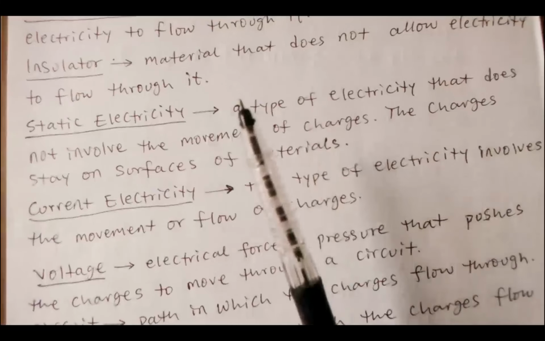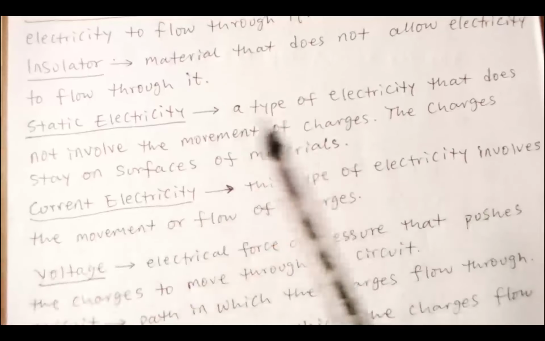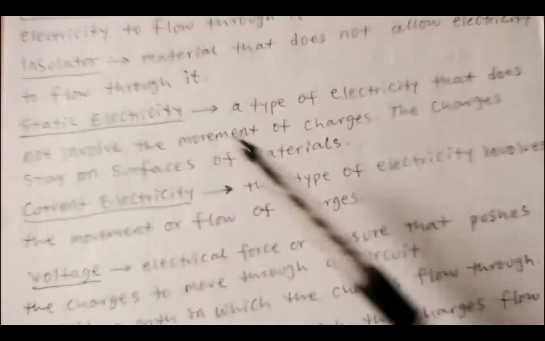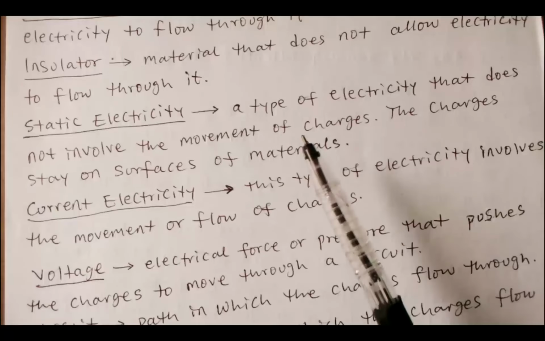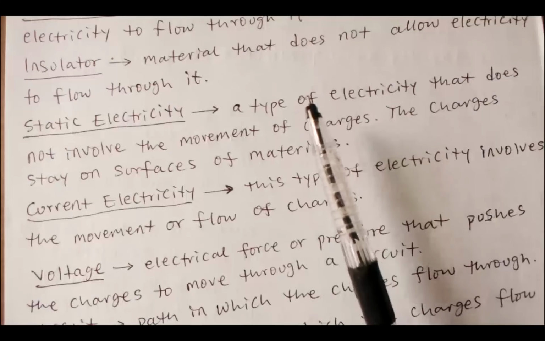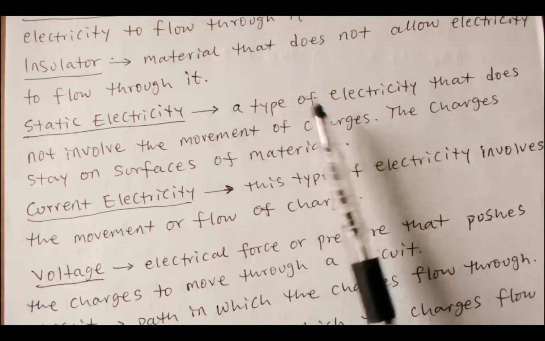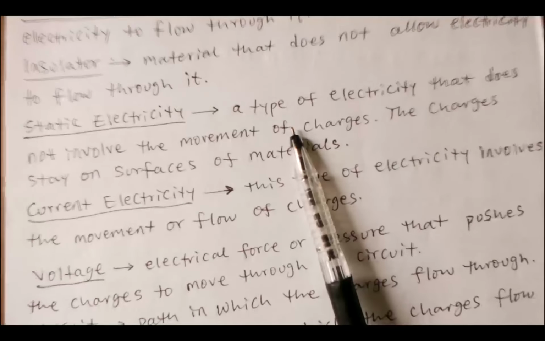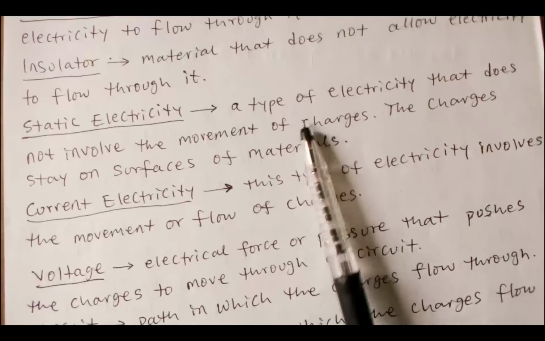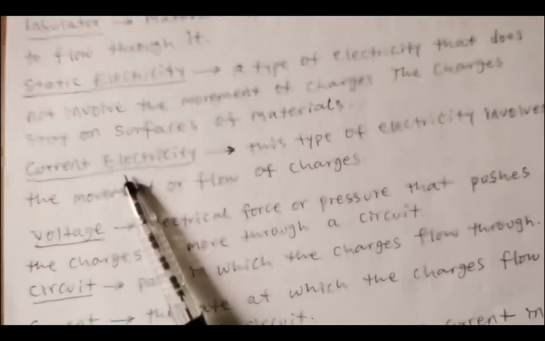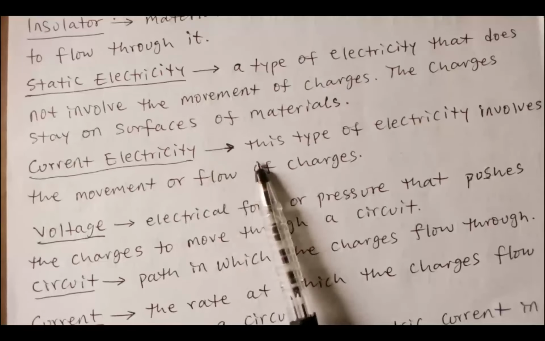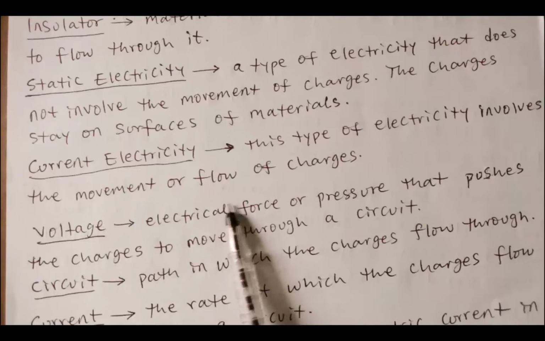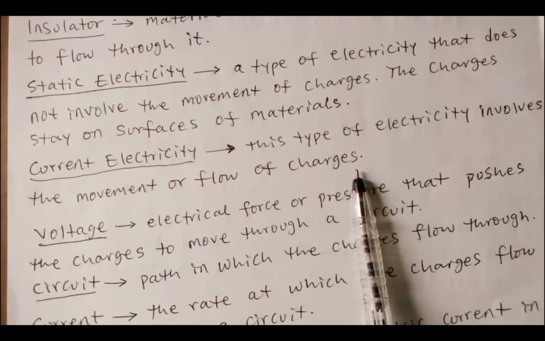For example, if I use this pen and rub it on my hair and I bring it close to a piece of paper, it's going to attract it. Why? Due to the presence of static electricity. Then we have current electricity. Current electricity is the type of electricity that involves the movement or flow of charges.